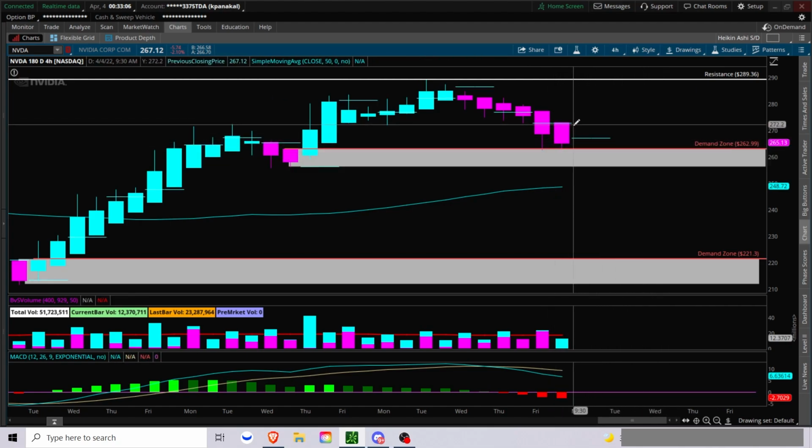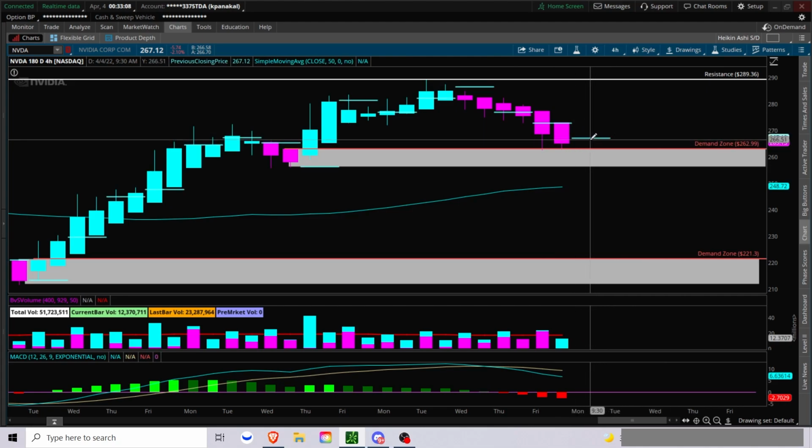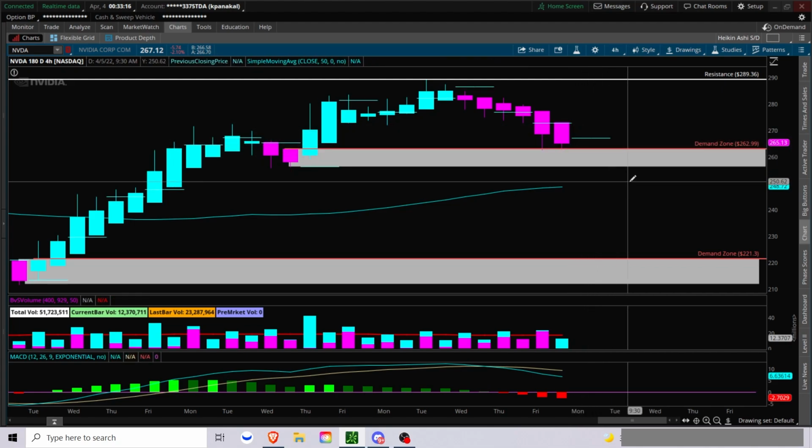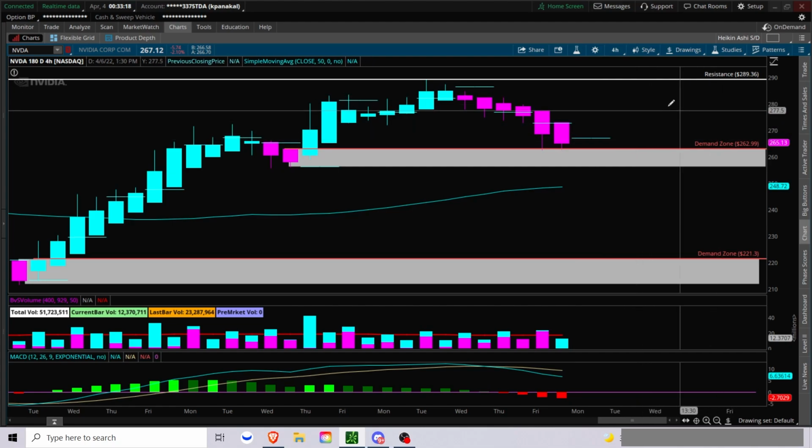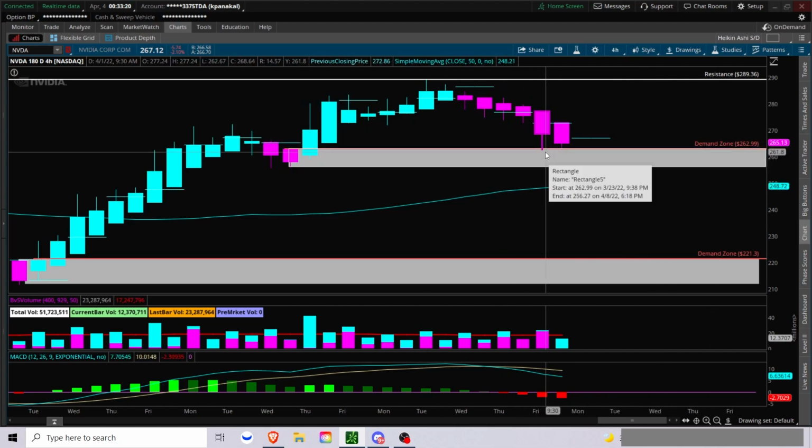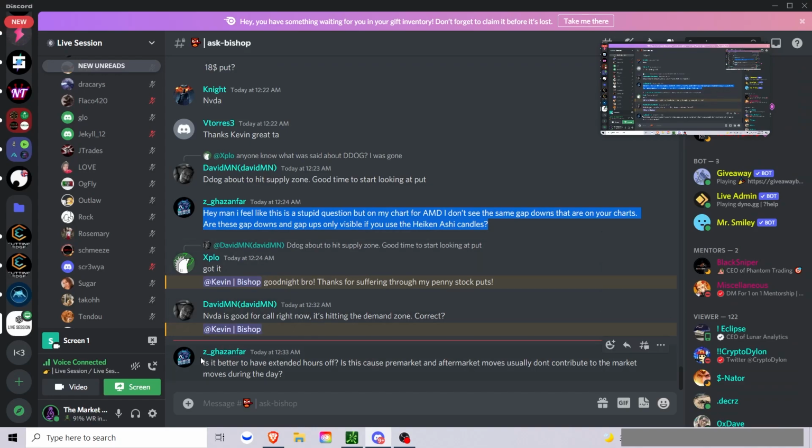But you still want to wait for confirmation. You don't want to just enter it right away, because you can actually see more of this demand zone before we actually trade with the upside. So you're going to wait for confirmation before you enter it with calls.